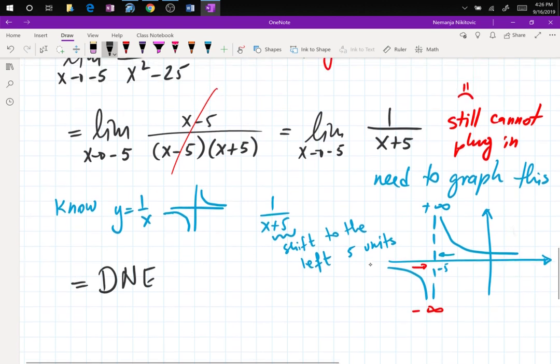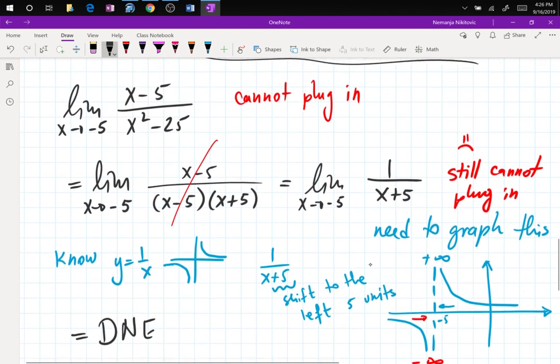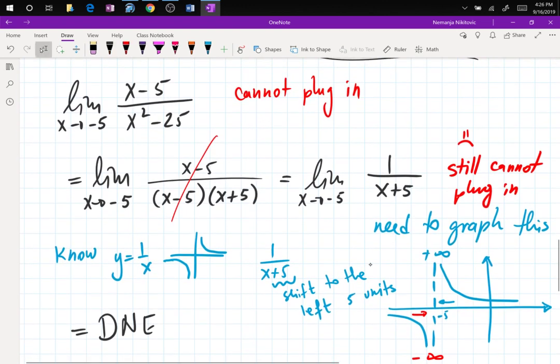So in this example, we had to go through some extra hoops. Previous example, we just canceled and it was enough. We were able to plug the value in and we're done.